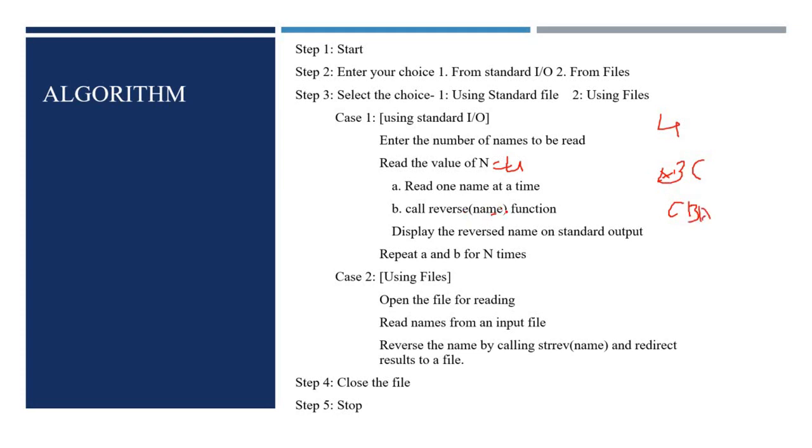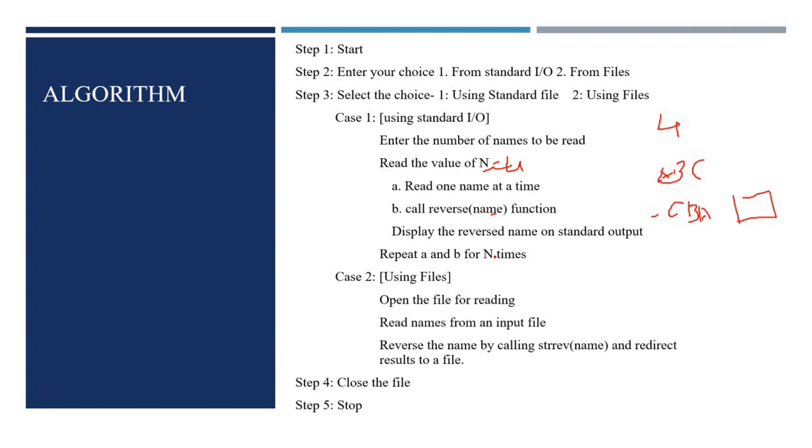The string reverse function is an inbuilt function which can be used to reverse the content and display it on the output screen. Then repeat this until the loop reaches the n value, until the condition is satisfied.